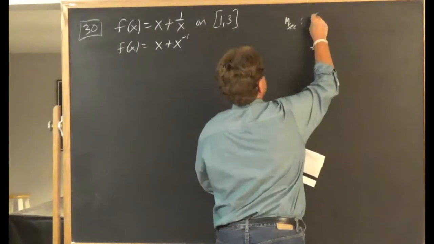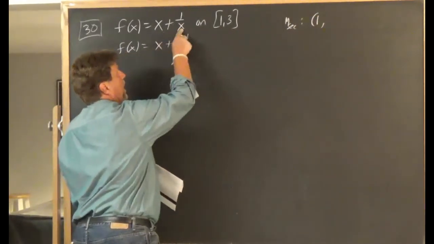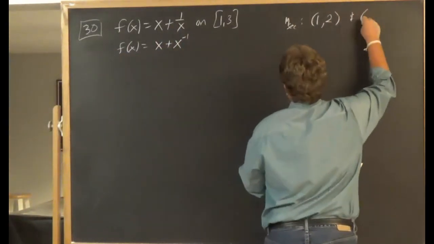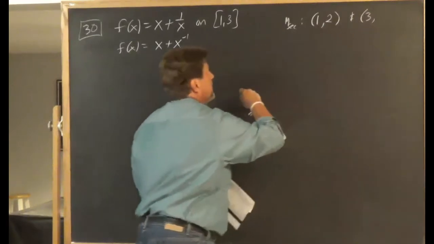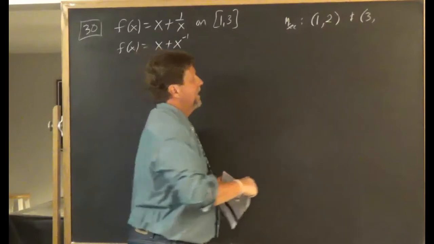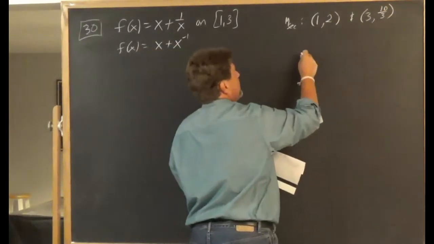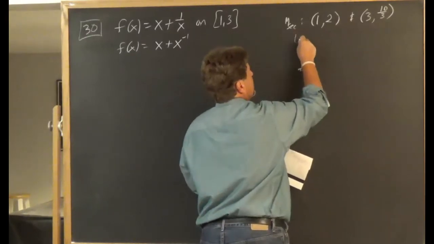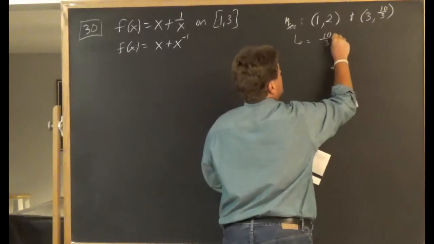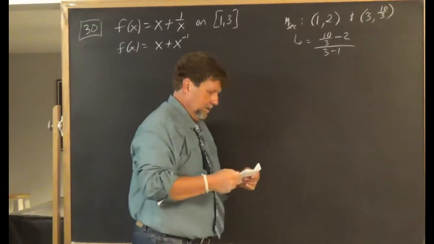through the points. All right, well, x is 1. So if x is 1, the y-coordinate is 2. And if x is 3, see, 3 plus 1/3, that's 10/3. So the slope of the secant line is 10/3 minus 2 over 3 minus 1.